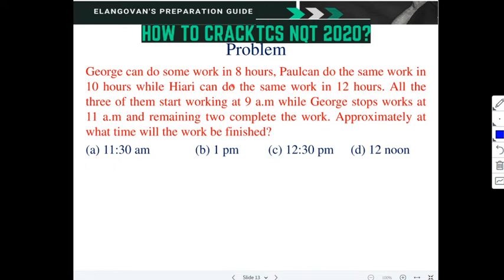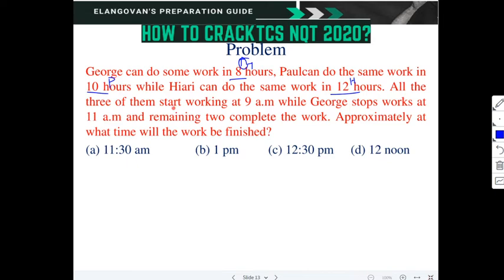So now this is the alone time of George, G. This is the alone time of Paul, P. This is the alone time of Harry, H. Initially, all the three are working together.